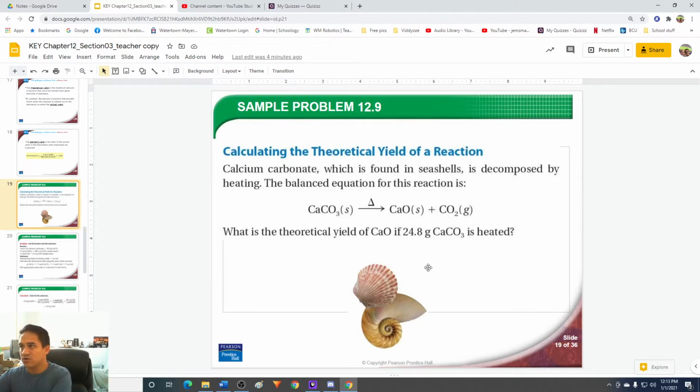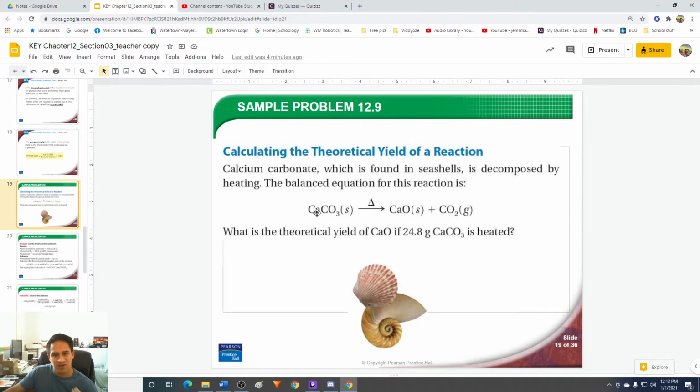Okay, so again, in order for us to understand what this problem is asking from us, we're going to do this on paper, but I will again explain what they're actually asking and what we are trying to do here, okay? So we have this compound that is going to break apart, okay? It's decomposing.